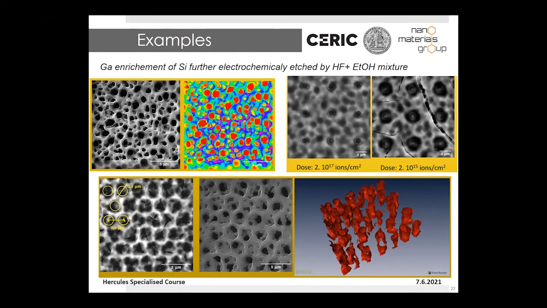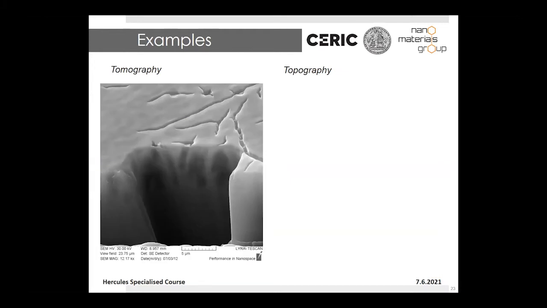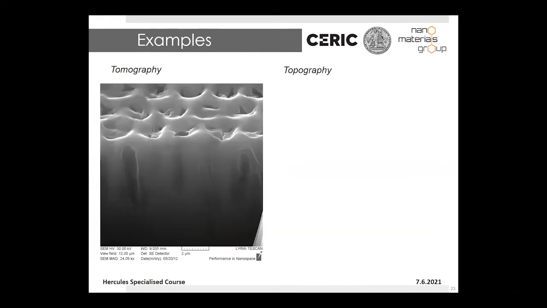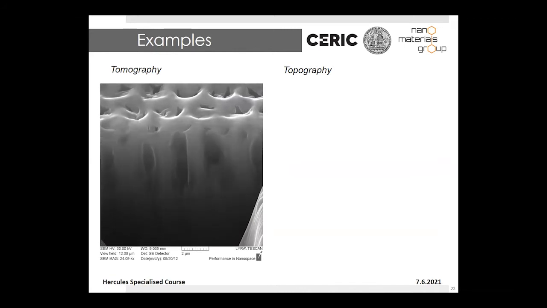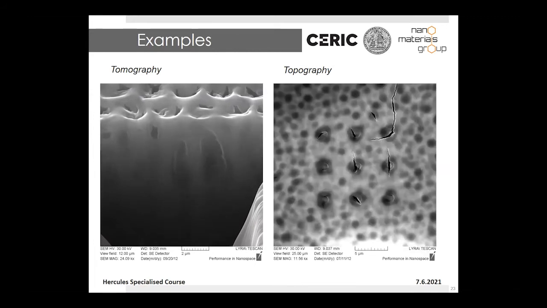I will show it to you. So tomography is about cutting layer by layer. So we are going through the pores. With the ion beam, we are able to remove a very thin part of a sample, so we go on through the structure. Or we use topography.